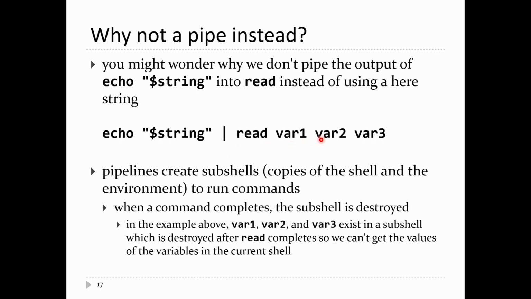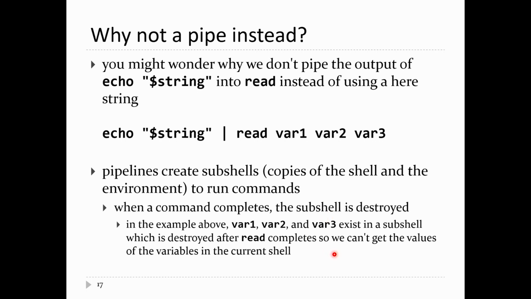Read does exactly what it's supposed to do. It takes the first word in string, sticks it in var1, takes the second word in string, sticks it in var2, takes everything else, sticks it in var3. But var1, var2, and var3 are variables in the subshell. They're not variables in the current shell. When the command completes, the subshell is destroyed. So var1, var2, and var3 go away along with everything else that was used to run read.